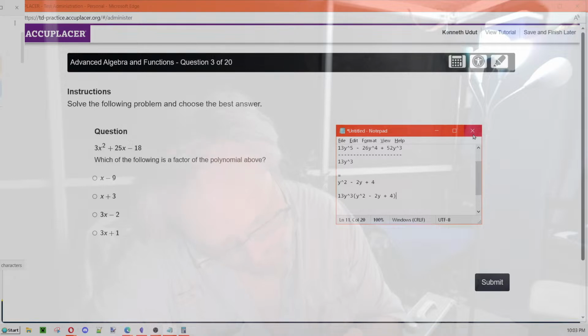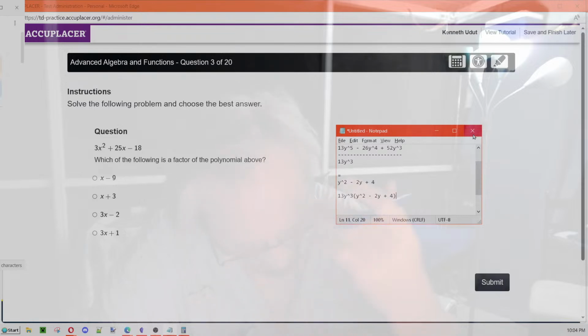So 3 minus 18 is... No. I can multiply them by the coefficient and the constant together.